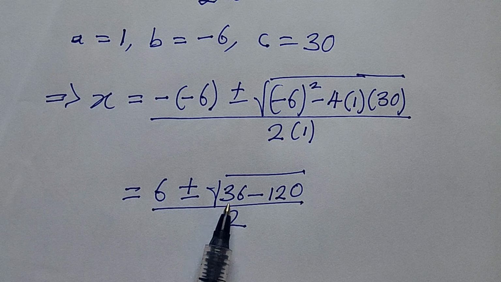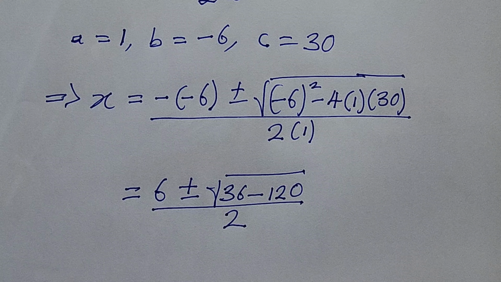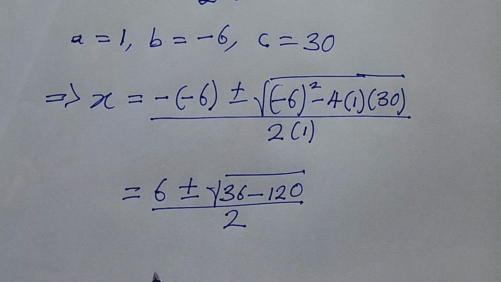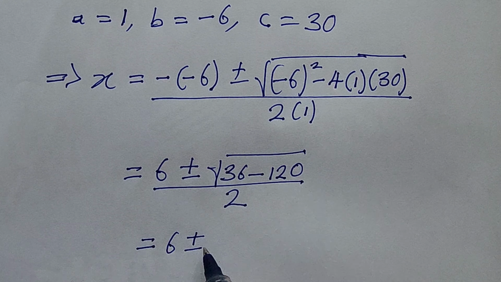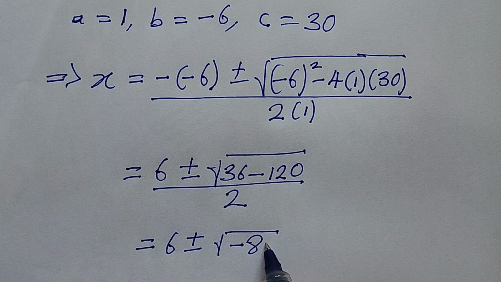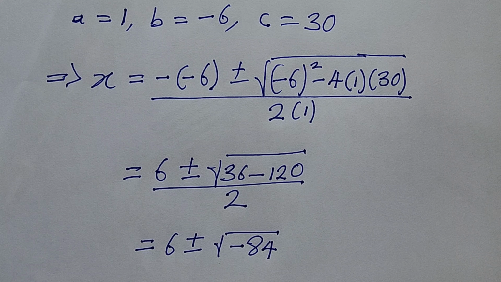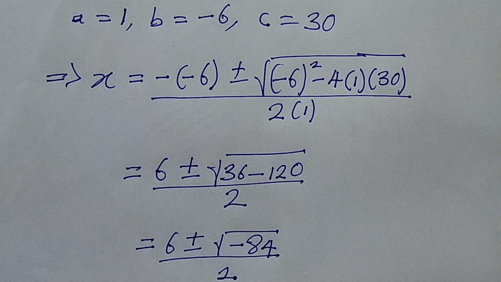So we now have 36 minus 120, which gives us minus 84. So this gives us 6 plus or minus the square root of minus 84, all over 2.